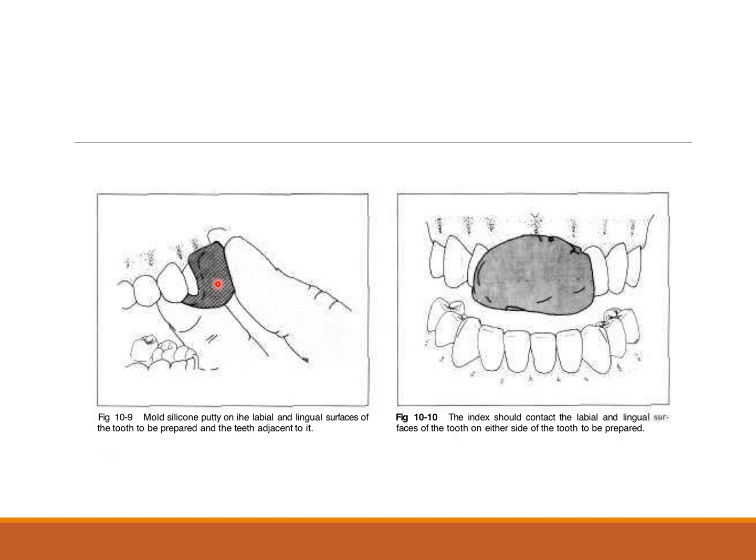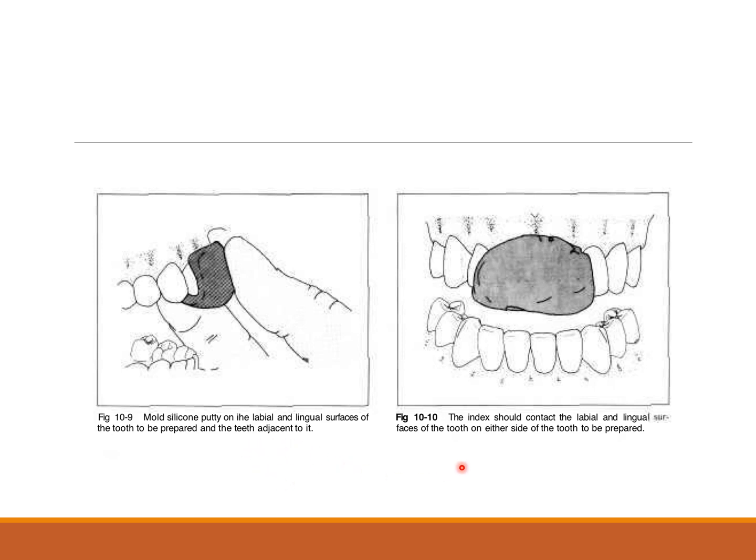You take two materials, the putty, and you mix them, you mold them, and you press them on the labial and lingual surface of the tooth to be prepared, and a little bit of the adjacent teeth.